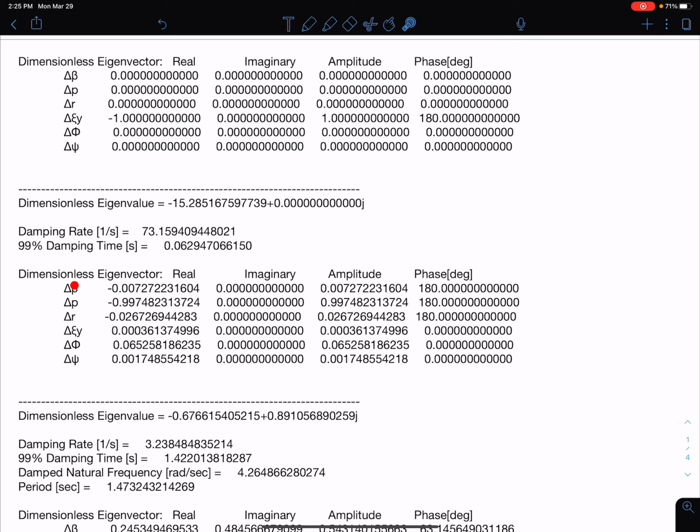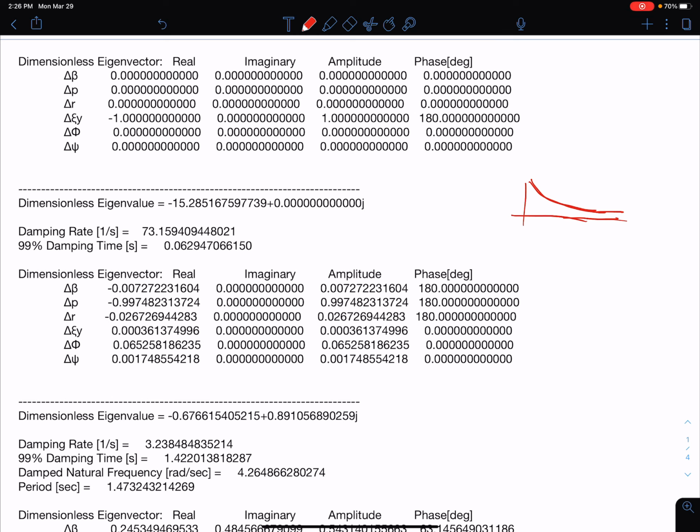And again, the eigenvector information here tells us what's actually happening in this mode. Now, this is a real number, and so if we were to plot the response of this, it doesn't oscillate. If there's a disturbance, it's just going to return to some equilibrium value without oscillating.